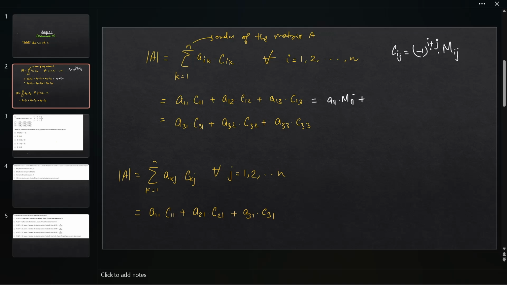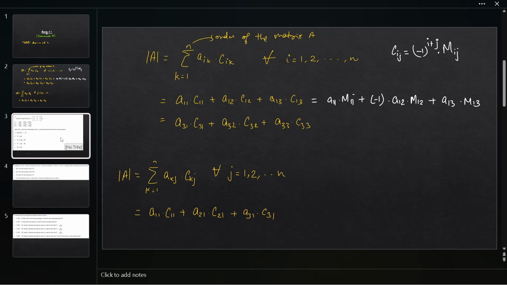Now it is going to be minus 1 to the power 1 plus 2. So 1 plus 2 is 3, which is an odd power, so it is going to be minus 1 to the power 3, that is minus 1 again. So minus 1 into A12 times M12, and similarly 1 plus 3 is 4, which is an even power, so it is just A13 times M13.